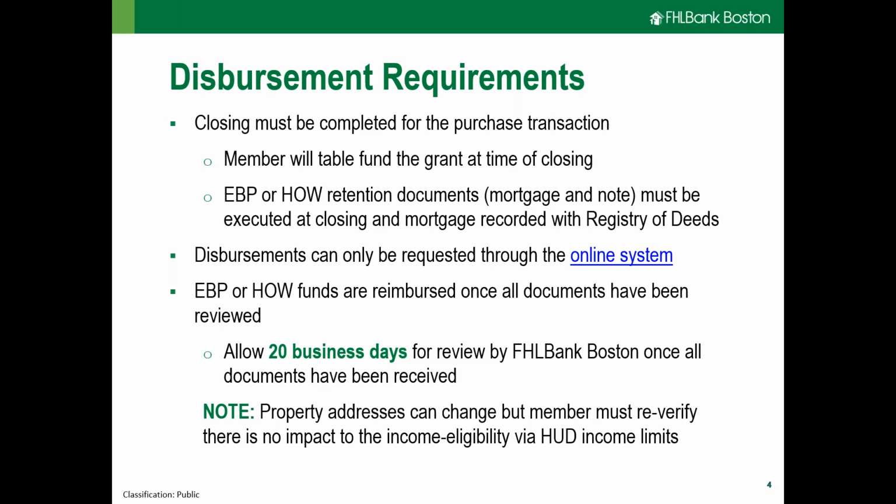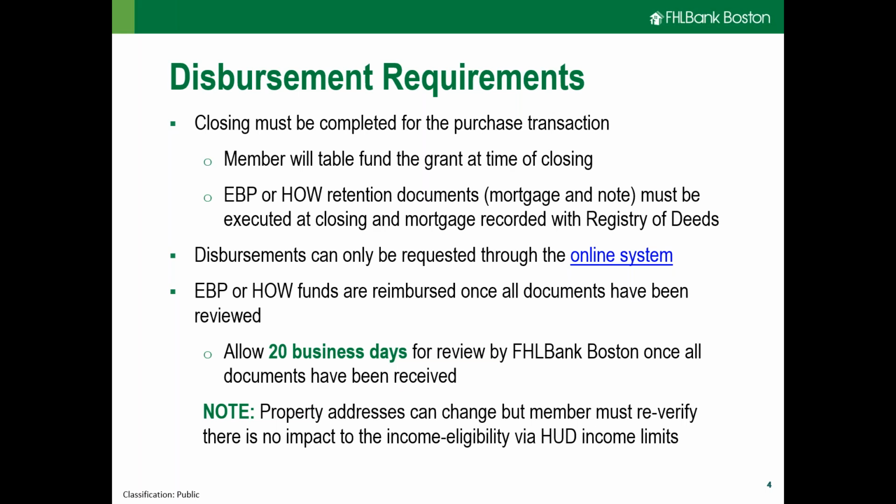You're going to be doing it through the online system, which I had mentioned before is our community lending login. So if you are the person who's going to be requesting the disbursement, you're going to want an individual user account. And when you go into the platform, there is actually an opportunity for you to request if you're a first-time user.